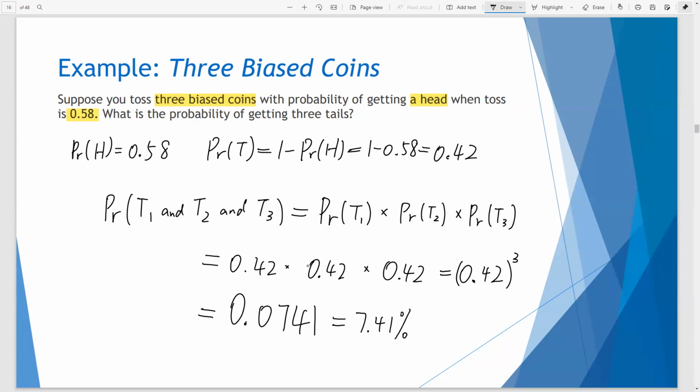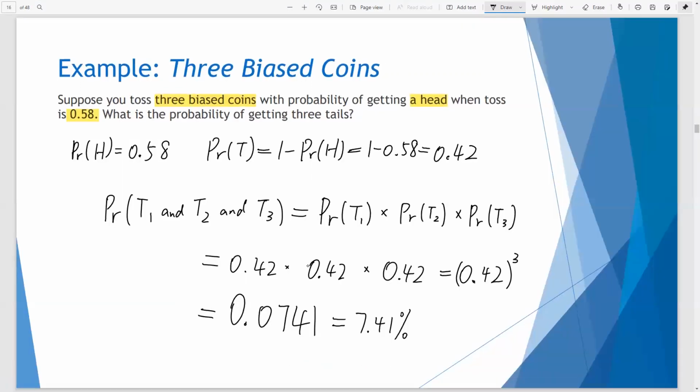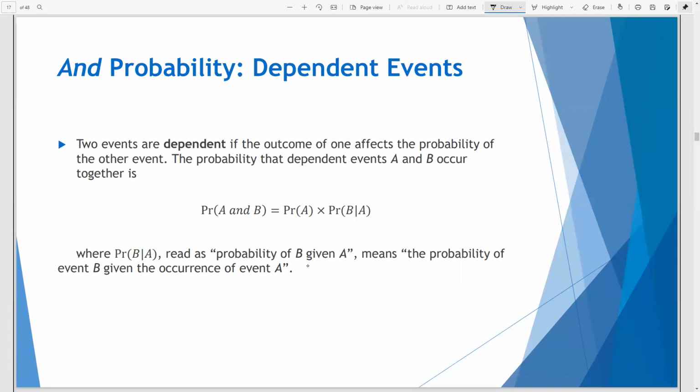Only a 7% chance that all three coins are tails. If it's an unbiased coin, with a 50-50 chance, you get 12.5%. Still not that big. All right, let's see the next one.